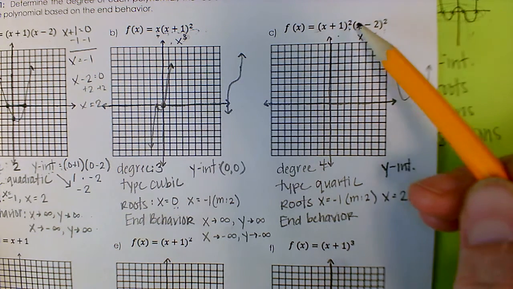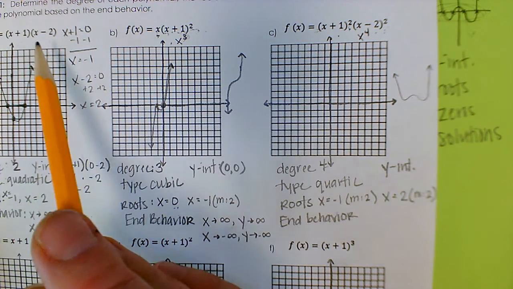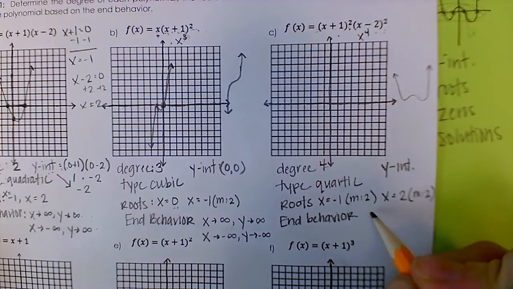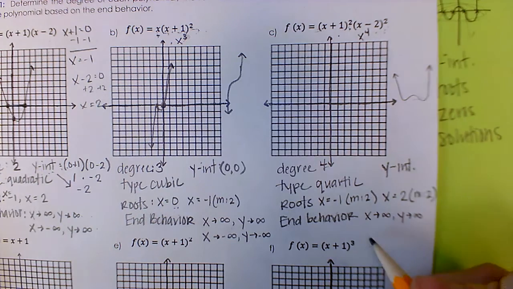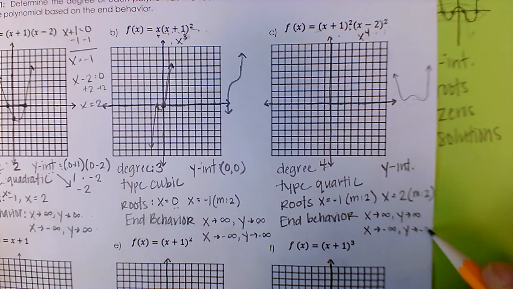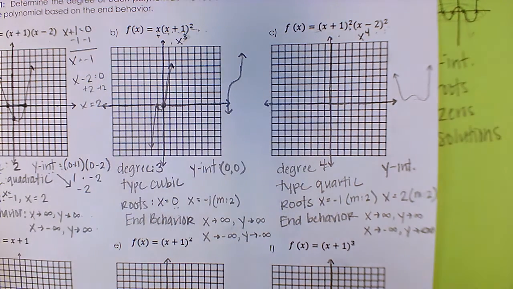It's a positive number out front and even, just like we did with number 1 over here, positive out front and even, which gave us the end behavior of as x gets bigger, y gets bigger. Just like here, as x gets bigger, y is getting bigger. As x approaches negative infinity or gets smaller, y gets bigger, I'm sorry, still, because we're going up and up.